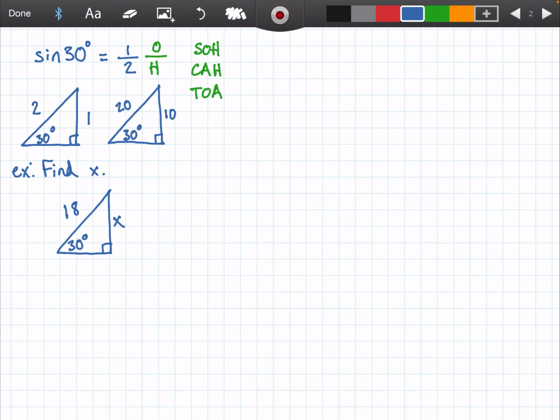Well, a lot of you are going to say, oh, well, x is 9. And how did we know that? I knew that because I know that sine of 30 has to be 1/2. It has to be, because that's what it reduces to.